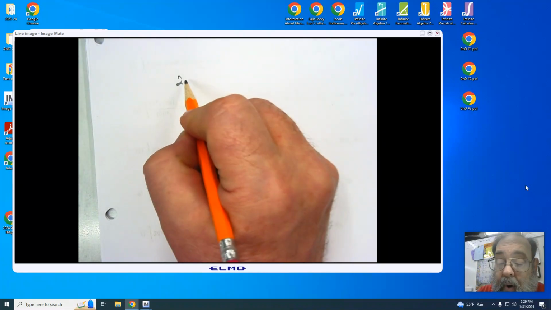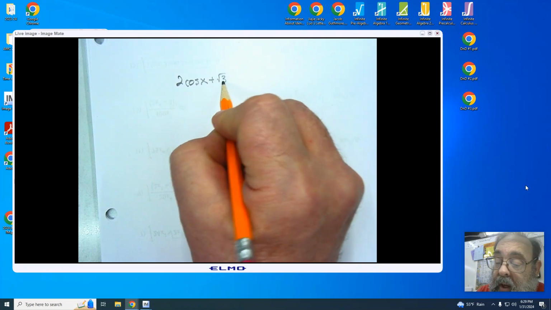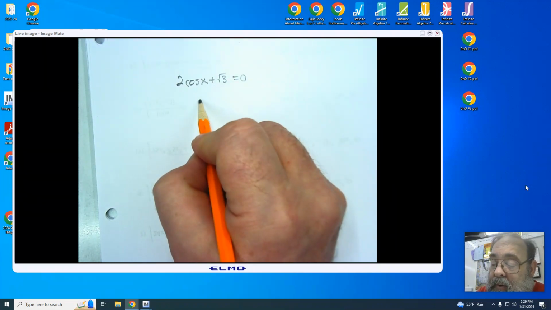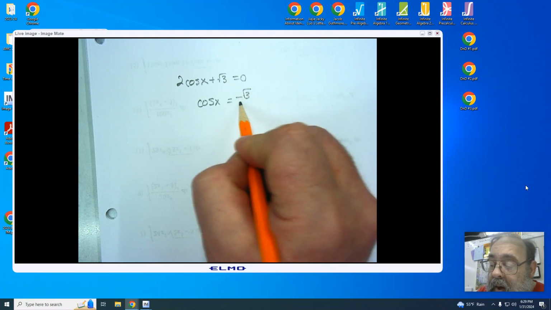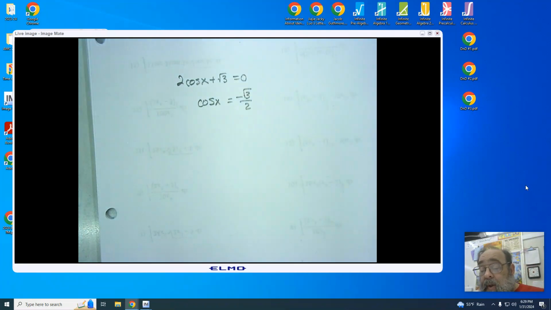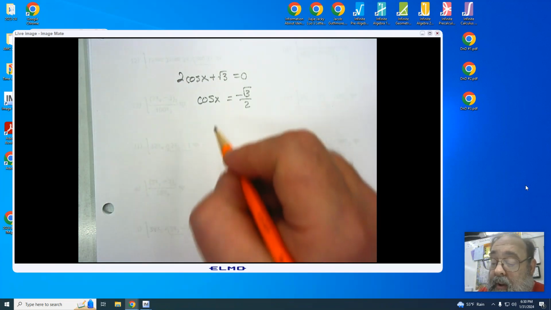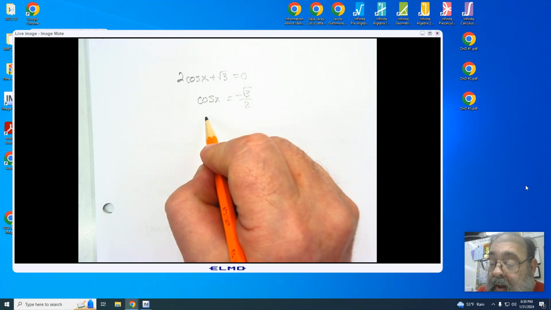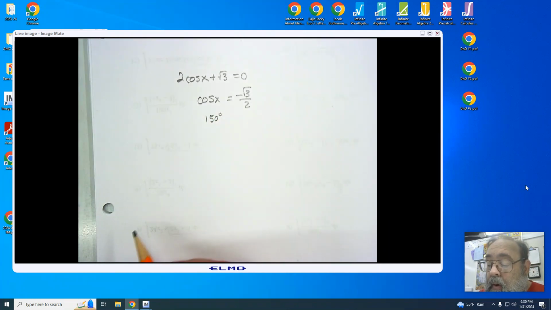We're going to start by writing 2 cosine of x plus root 3 equals 0, and we are going to solve for the cosine of x. This gives us negative root 3 over 2. Now we know that the cosine is negative root 3 over 2 in the second and the third quadrant. In the second quadrant, we are looking at a 30-degree reference angle for 150 degrees.